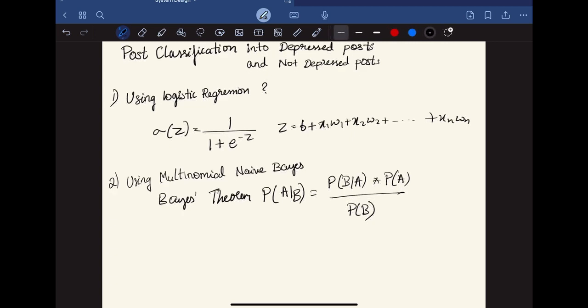And the next thing here is the multinomial distribution. What is multinomial distribution?